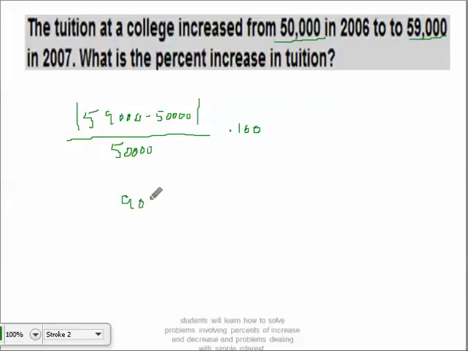That's 9,000 divided by 50,000 times 100. I'm going to show you a trick here. Zeros don't matter. I got 9 over 50. That's actually equal to 0.18 times 100. I didn't even have to use a calculator for that, which is equal to 18%, and it went up, an increase.